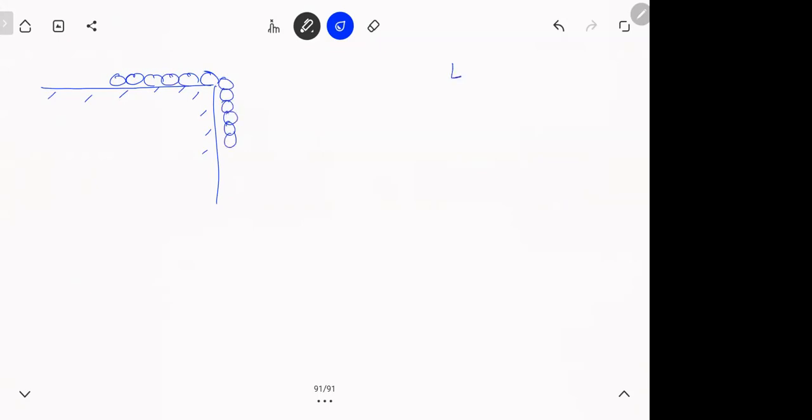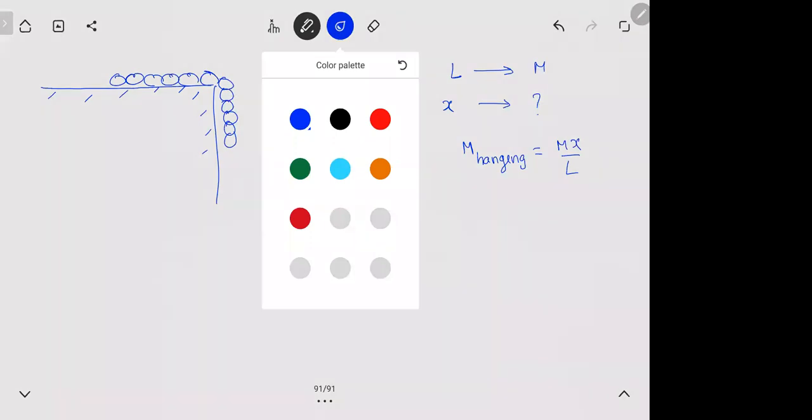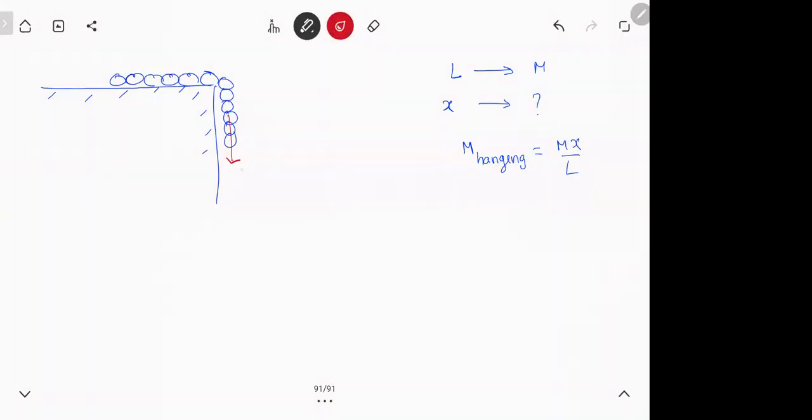Now we know for length L, mass is m. For length x, what is the mass? So mass of the hanging part will be m into x by L, the mass per unit length into length. So what will be the weight of this then? This will be mxg by L. This is the weight of the hanging part.